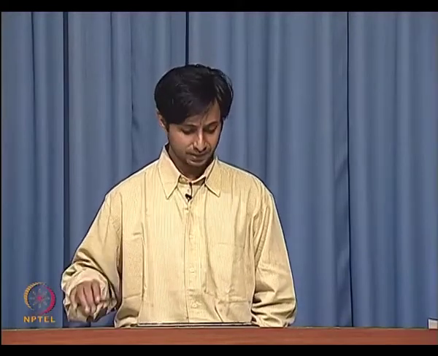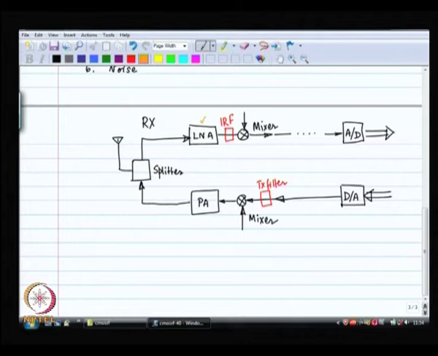Okay. Now, as far as the receive chain is concerned, the first most important block is the low noise amplifier. Why is it the most important block? Because the noise figure of the low noise amplifier determines the sensitivity of the entire receive chain, more or less. If the low noise amplifier gain is significant, then the noise figure of the low noise amplifier is all that matters, right.